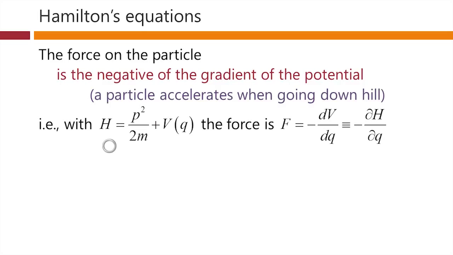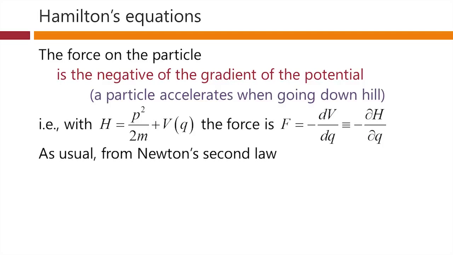So, with the Hamiltonian just being p squared over 2m plus V of q, the force, which is minus dV by dq, the negative of the gradient of the potential, is therefore minus partial dH by dq. If we look at the Hamiltonian here and take the partial derivative of the Hamiltonian with respect to q, we simply get minus the force. So the force is minus dH by dq.